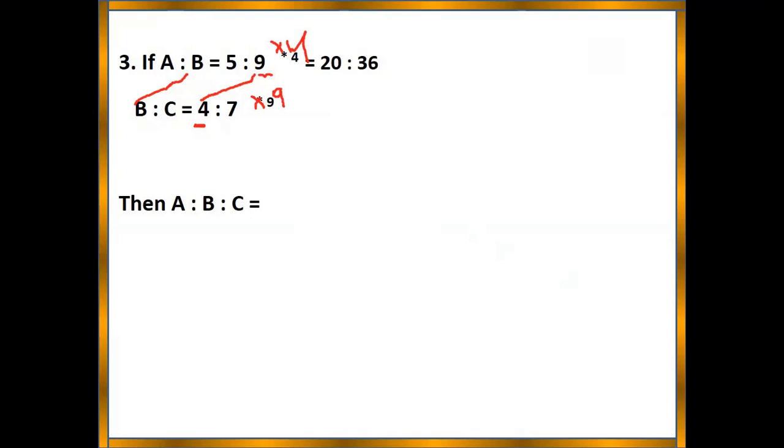And B is to C is 4 is to 7. If we multiply with 9, that has an effect on both the terms. 9 4s are 36, 9 7s are 63. So please observe.